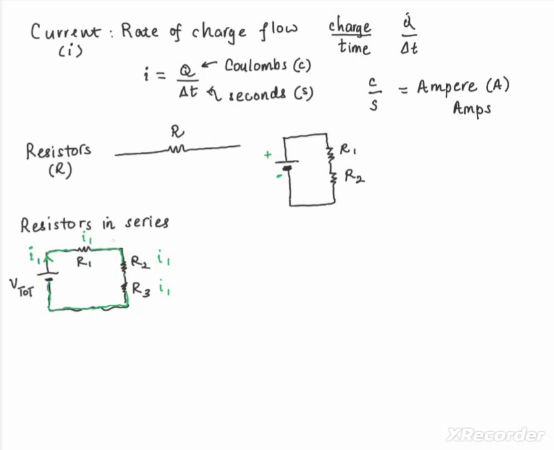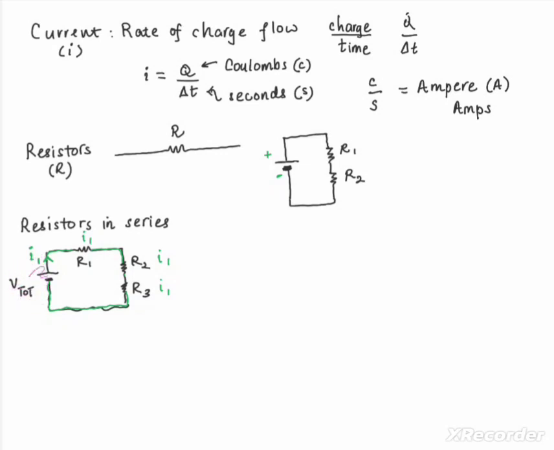You can think of this as water flowing through a pipe. If the current is 5 gallons, R1 gets 5 gallons, R2 gets 5 gallons, and R3 gets 5 gallons, because they are in the same pipe with no branching whatsoever. So all the current that goes through the battery must go through R1, R2, and R3.